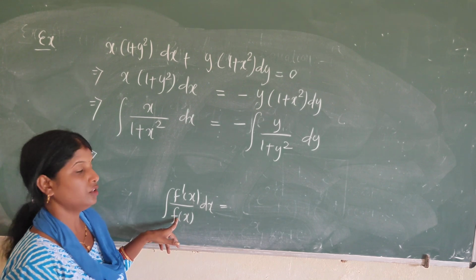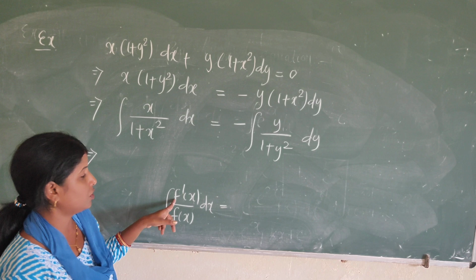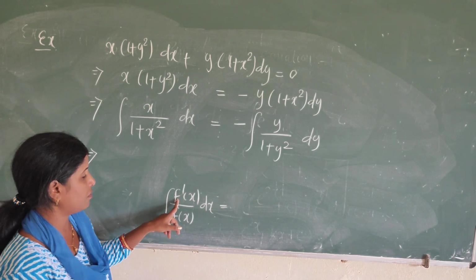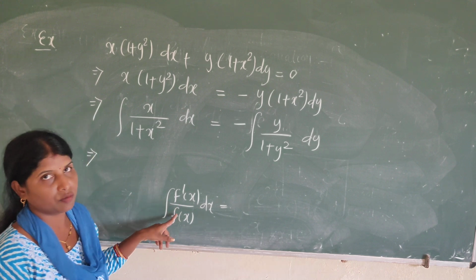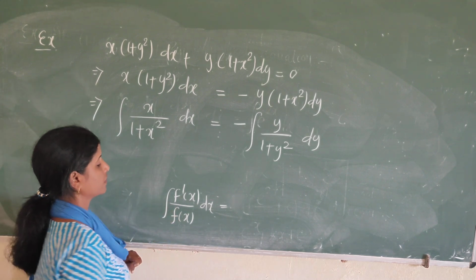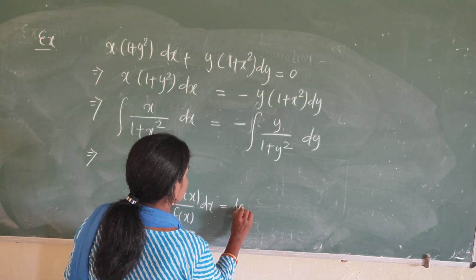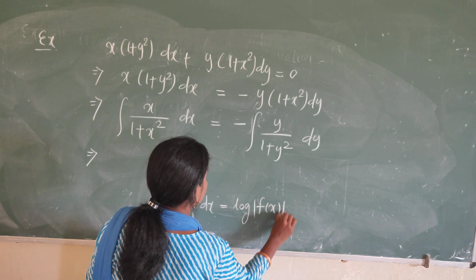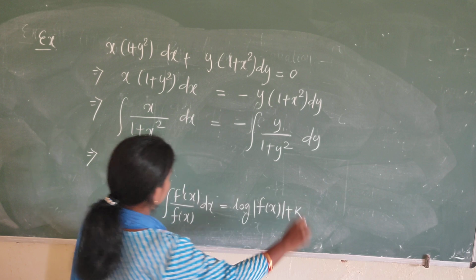The denominator is the function f of x and the numerator is the derivative of the denominator, f dash x. And the integration is log f of x plus integrating constant.